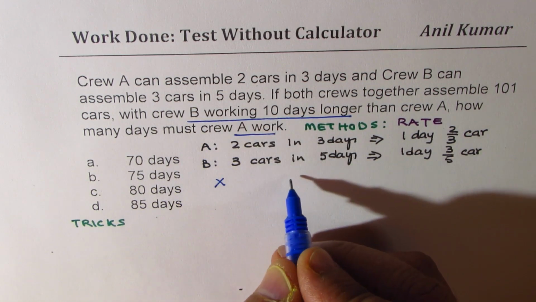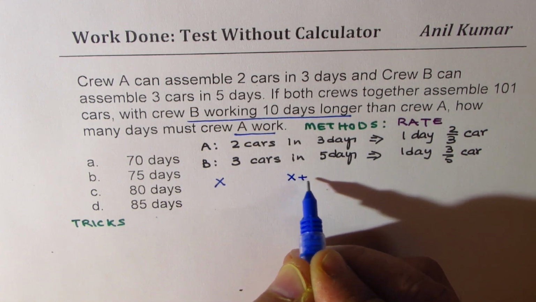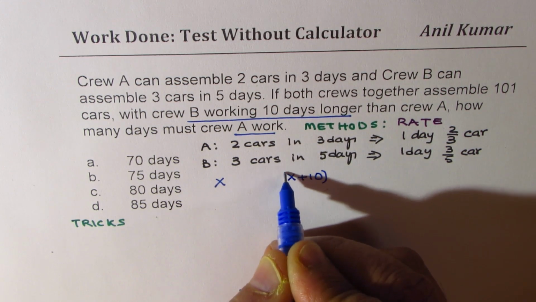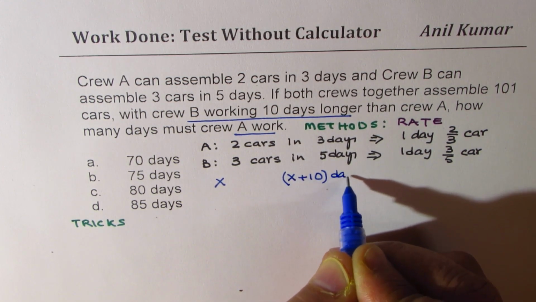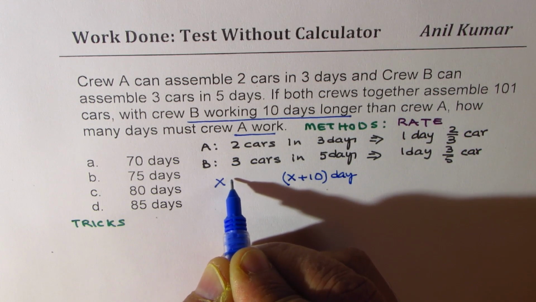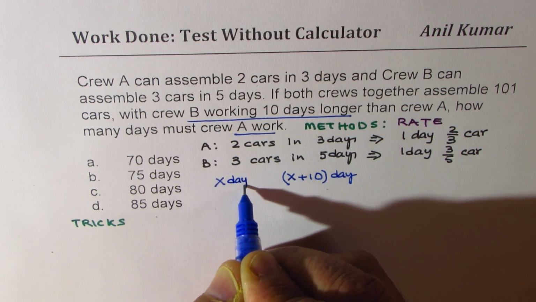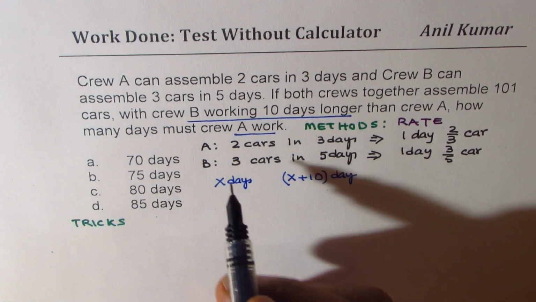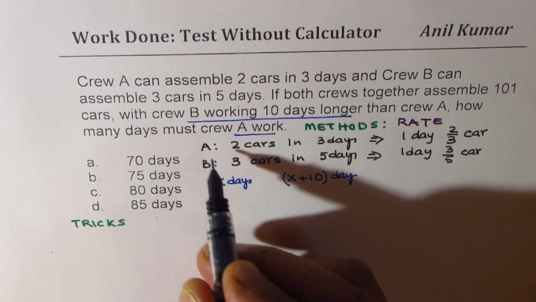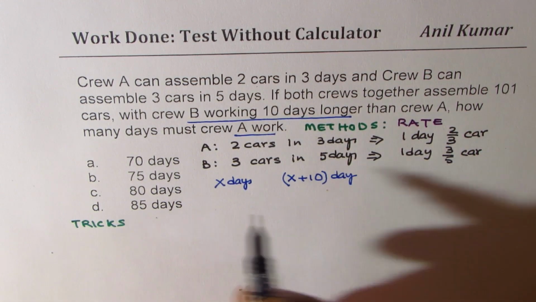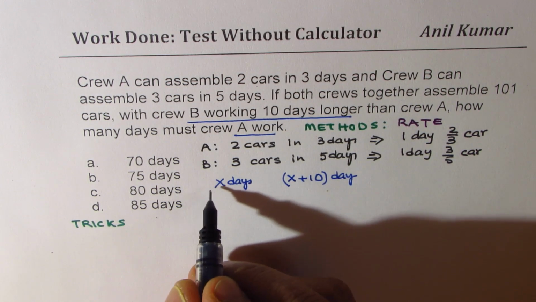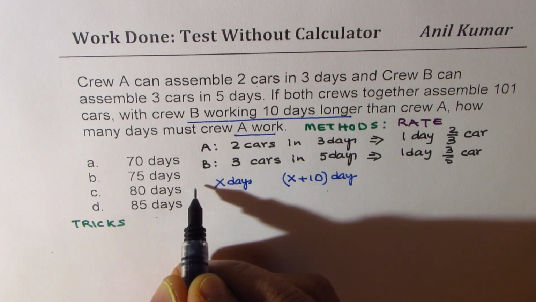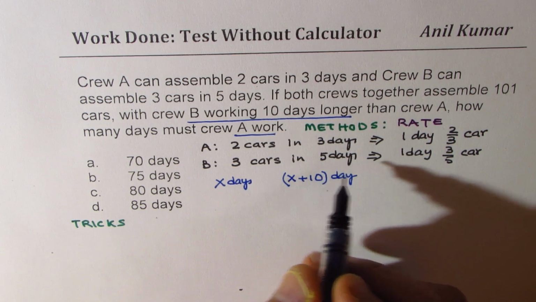Then for B, it is X plus 10 days, correct? So many days. So this is X days. Now in X days, how many cars can A make? 2/3 of a car, right? So in X days, they will make how many cars?